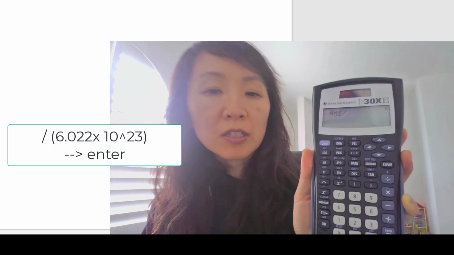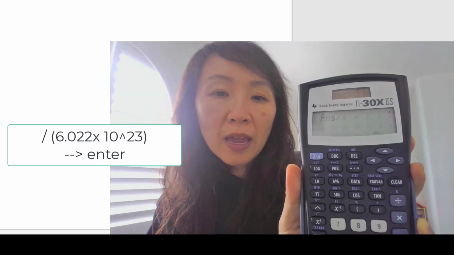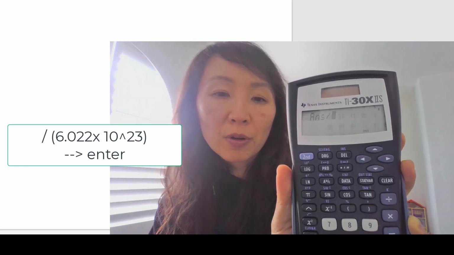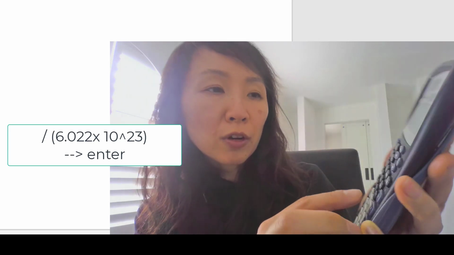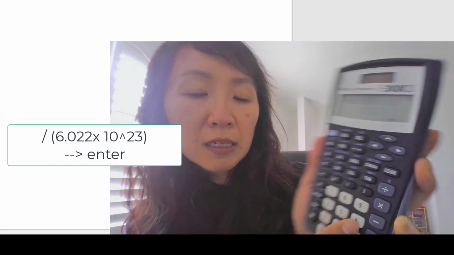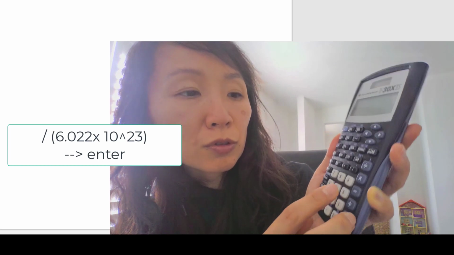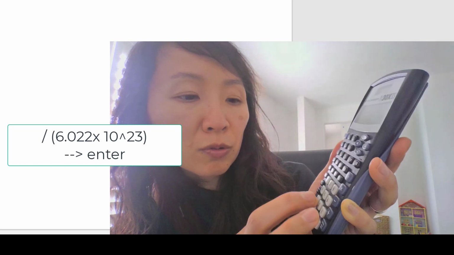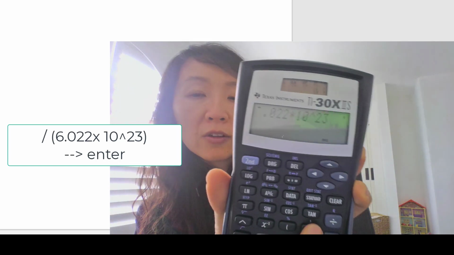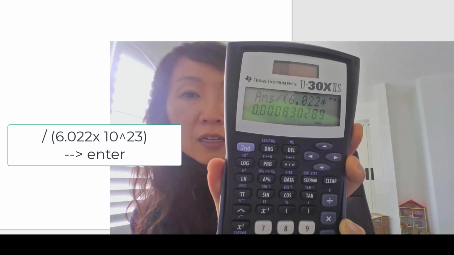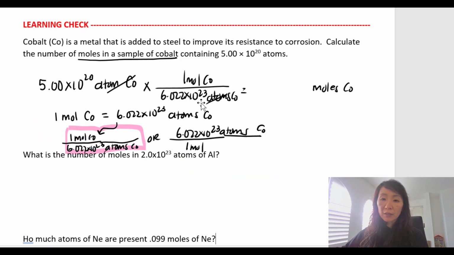Then you press the division sign because you need to divide by everything that's on the bottom, and that's right here: the 6.022 times 10 to the 23. You're going to open up a parentheses, make sure all of the values are there, 6.022 times 10 to the 23rd. Then you close it and press enter. Then my calculator spits out the following: 0.000830289.